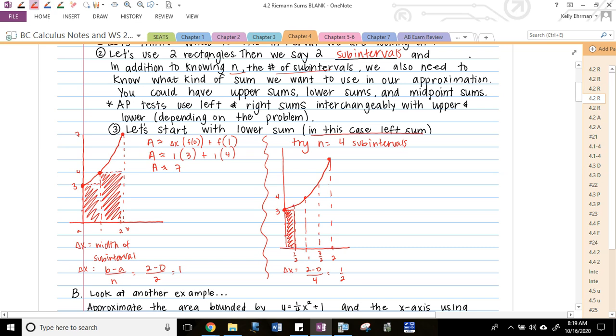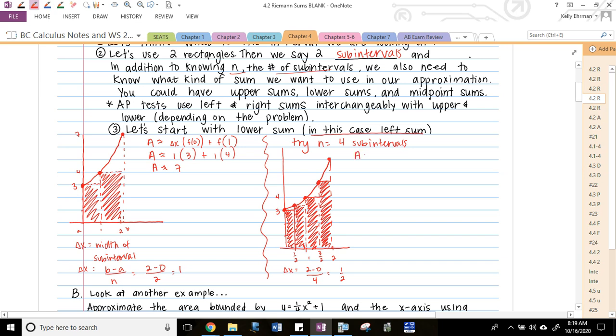My second rectangle, its point is on the graph at whatever f of 1/2 is, and then it goes across. My third rectangle is at f of 1. And my fourth rectangle is at f of 3/2. We're still underestimating the area, but we're doing a little bit better. There's not as much blank space as we had before.